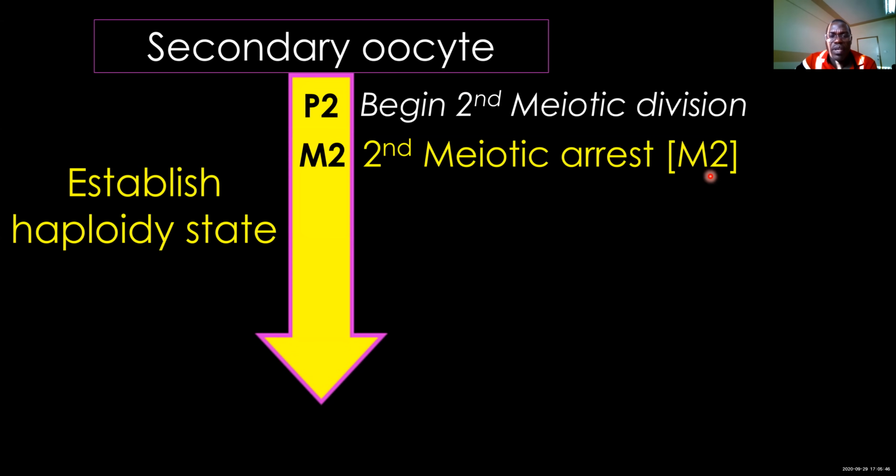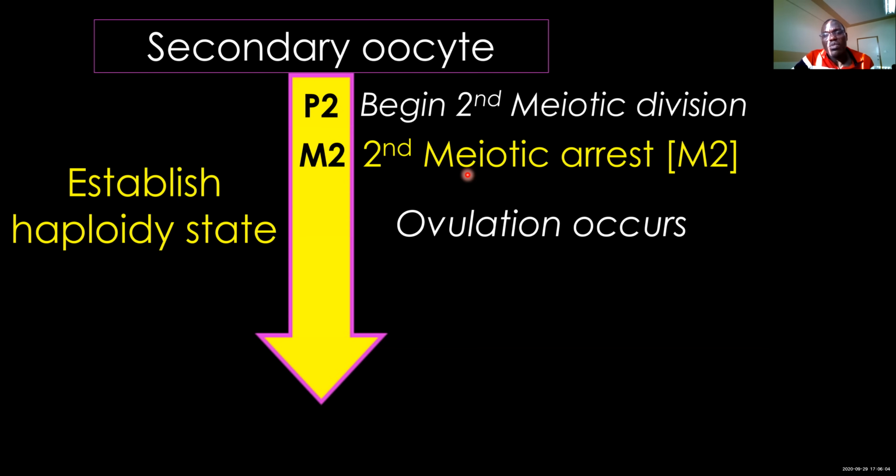In terms of timing, this one takes place around the time of ovulation. To be specific, 3 hours before ovulation. Remember, the first meiotic arrest occurs at prophase 1, and this was before birth, and it involved the primary oocytes.